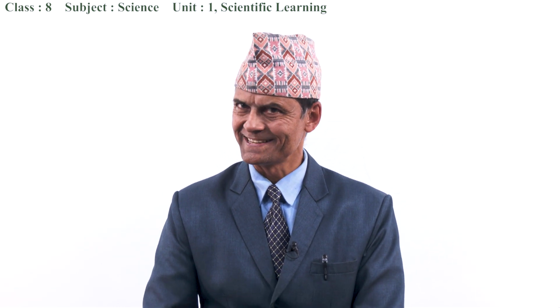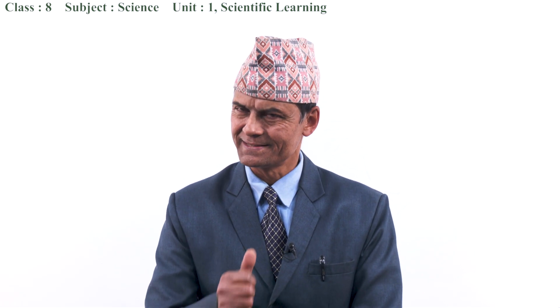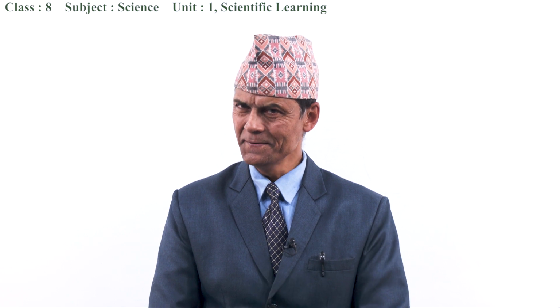Dear students, what we have learned in the previous lesson, let's memorize some of the important points. Yes, in the previous lesson, we discussed what scientific learning is. Then we learned about the science laboratory. Do you know what a science laboratory is?